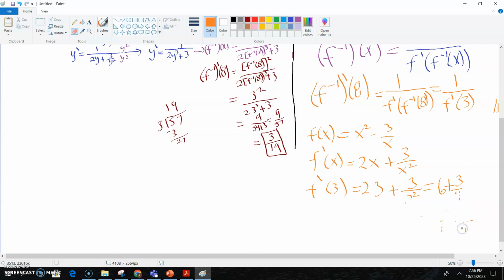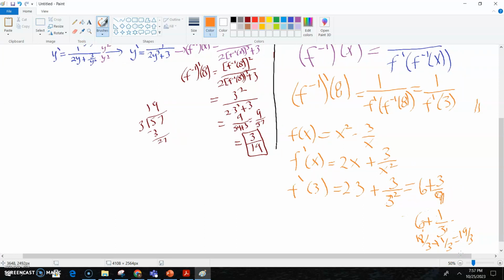Let's fix that. Sorry about that. So we're actually plugging in a 3. So 3 over 3 squared. 3 squared is 9. So that's 6 plus 1/3. And then 6 is 18/3 plus 1/3, which is 19/3. So if we jump back, this is 1 over f prime of 3, but f prime of 3 is 19/3.